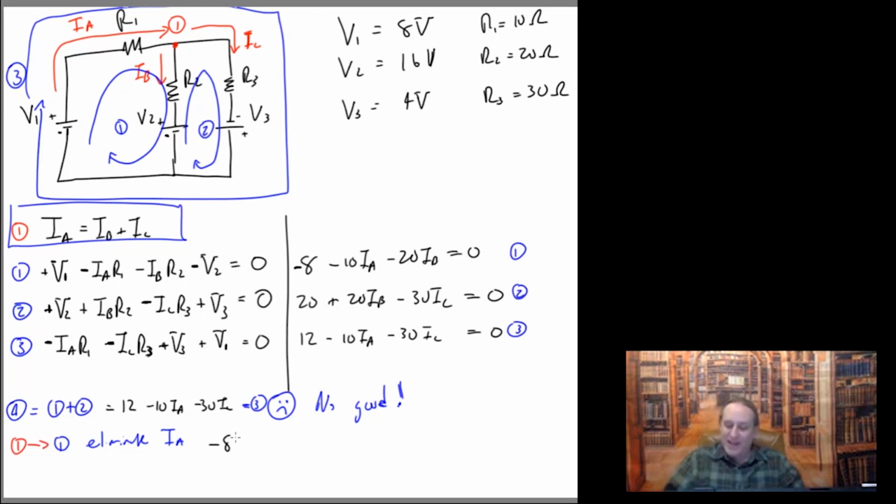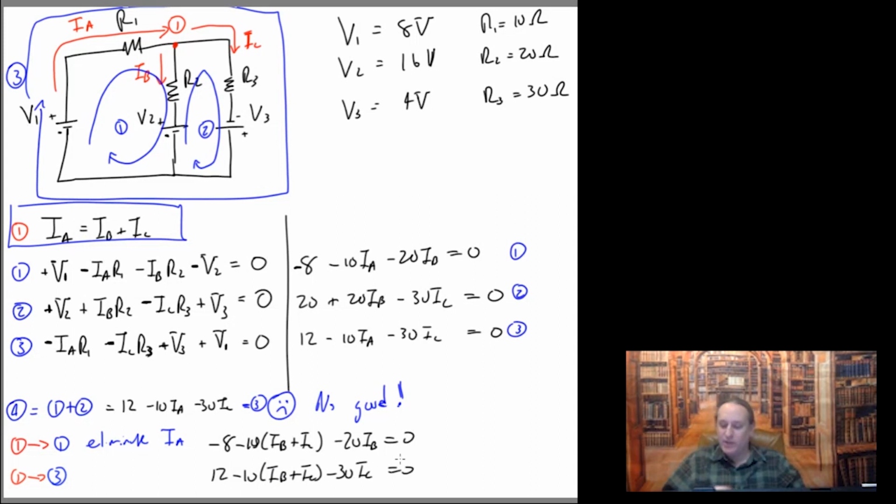We get minus 8 minus 10 times the quantity IB plus IC minus 20 IB equals 0. And then we're going to take equation 1 from the junctions and insert it into equation 3. That one gives me 12 minus 10 times the quantity IB plus IC minus 30 IC equals 0.